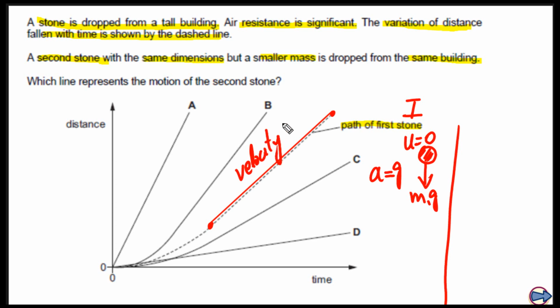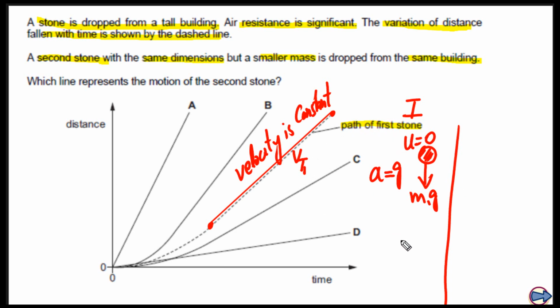So we can conclude that velocity is constant, and this is the final, maximum constant velocity, which is called terminal velocity. We can say this is VT1 because we are talking about the first stone.